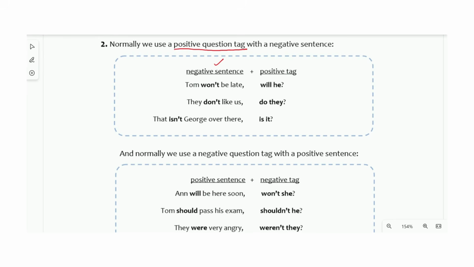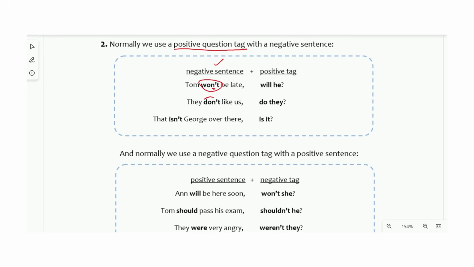Let us look at the first statement that we have. "Tom won't be late." So won't makes this statement negative. Every time we are going to use our auxiliary verbs, but remember, it's not all the sentences that will include auxiliary verbs that we may use to formulate a question tag. We are going to see that when we work with various statements.